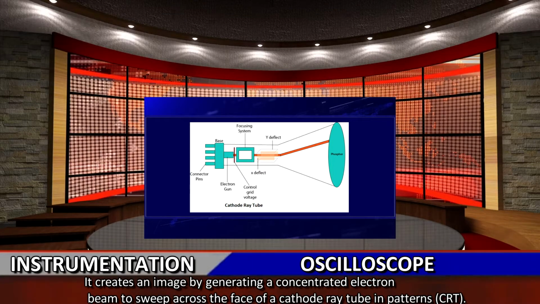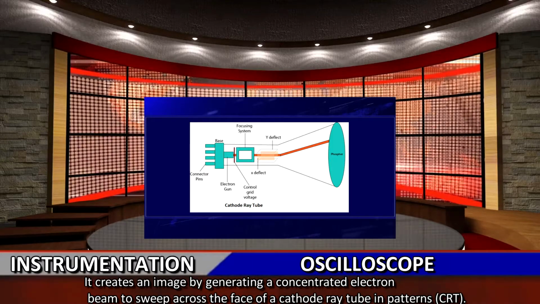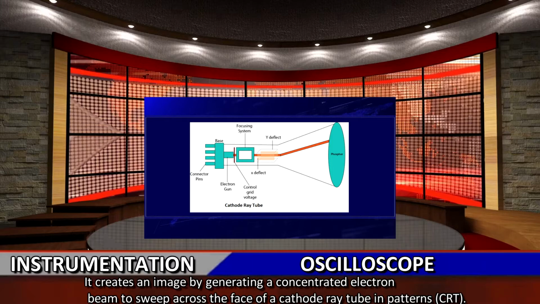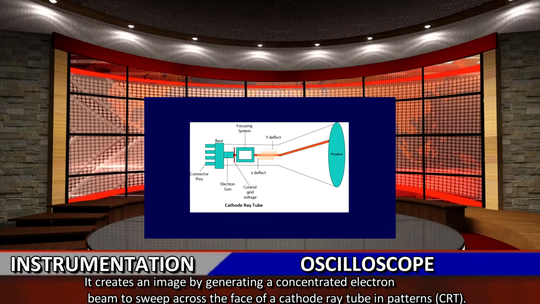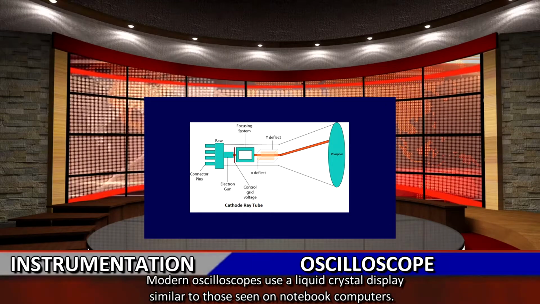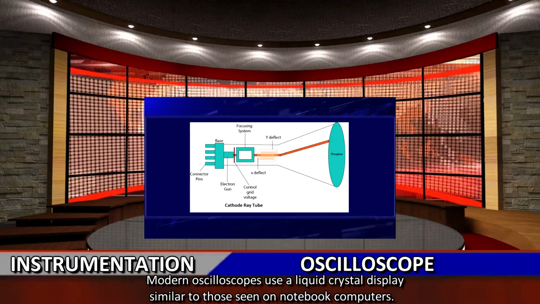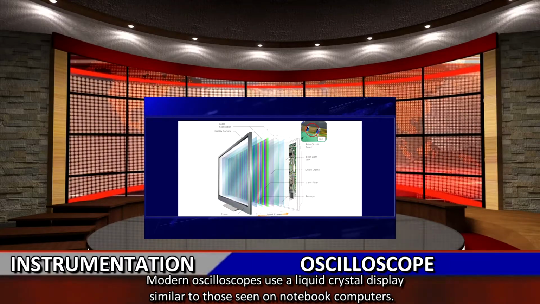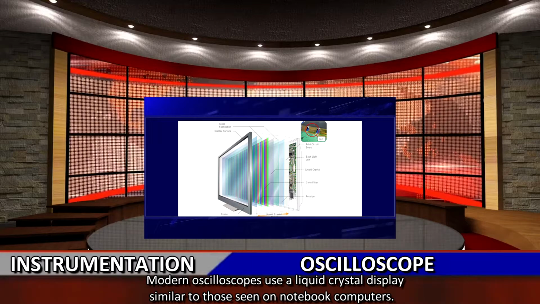This oscilloscope creates an image by generating a concentrated electron beam to sweep across the face of a cathode ray tube in patterns. Modern oscilloscopes use a liquid crystal display similar to those seen on notebook computers to electrically recreate the action of the cathode ray tube.